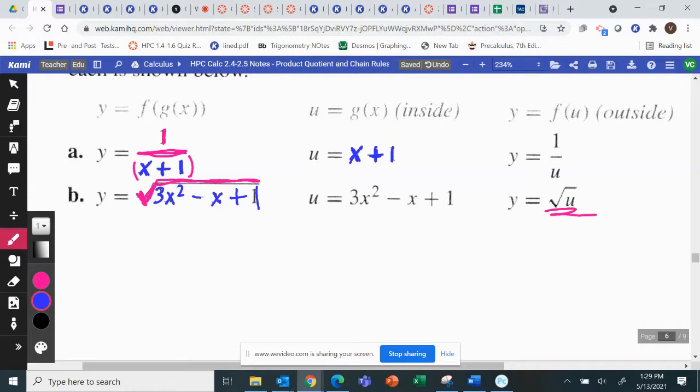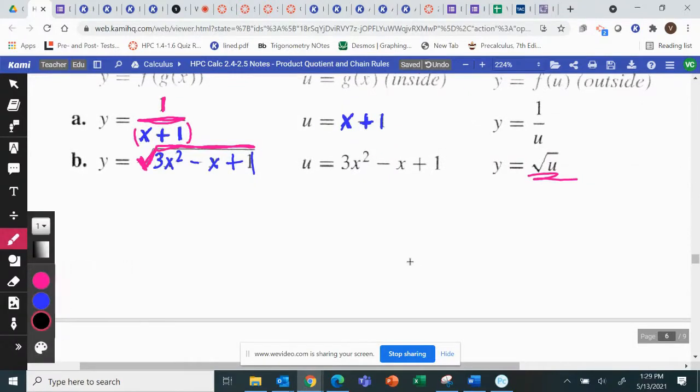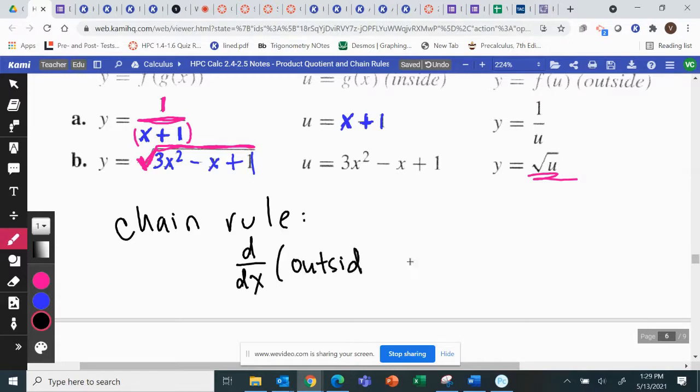When we do the chain rule, you do the derivative of the outside multiplied by the derivative of the inside. So you take the derivative of the outside, then you multiply that by the derivative of whatever the inside is. And that's the chain rule in words.